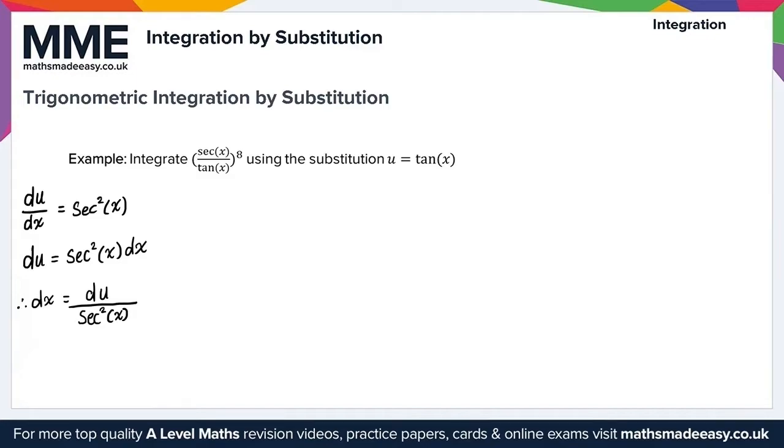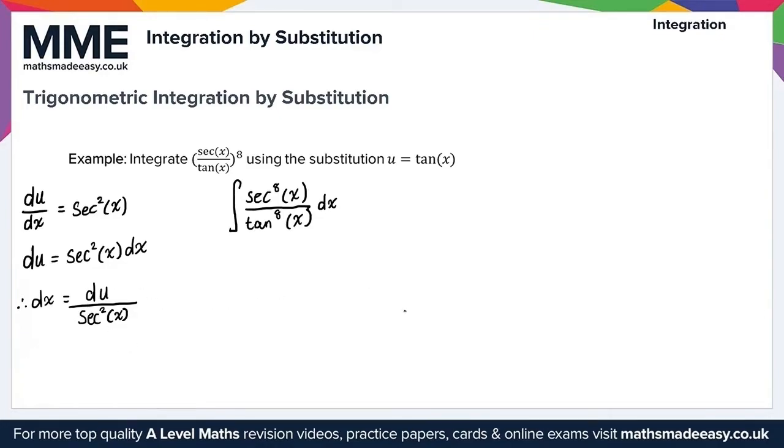So what we want to do now is start rewriting our integral. First, I'm going to deal with this power of 8. We can write our integral as sec to the power of 8 x over tan to the power of 8 x, integrating with respect to x. Now we know dx is du over sec squared x.